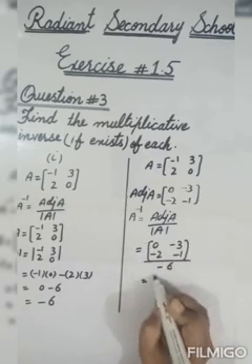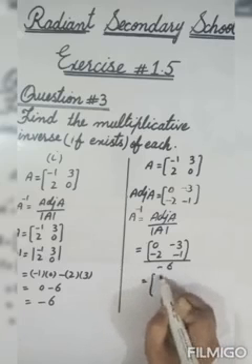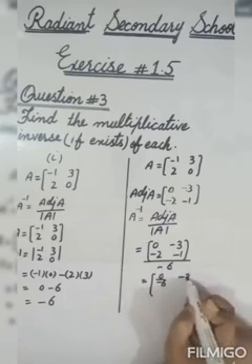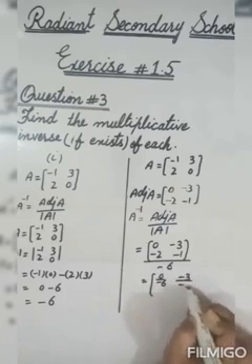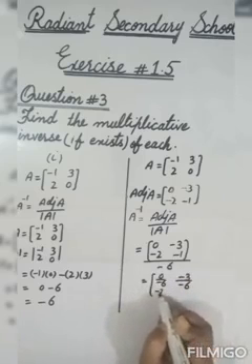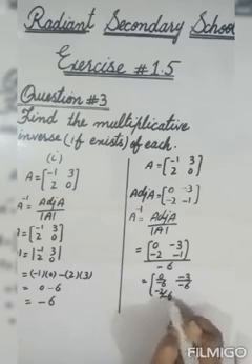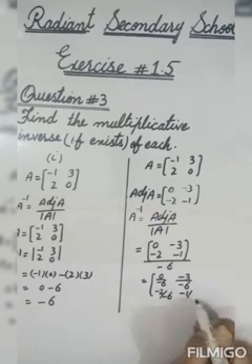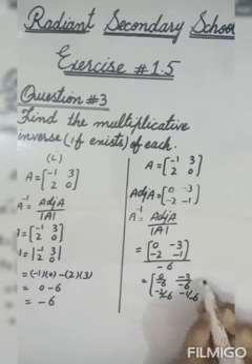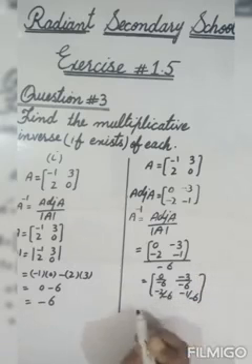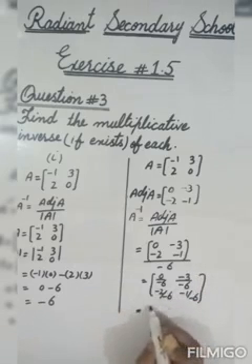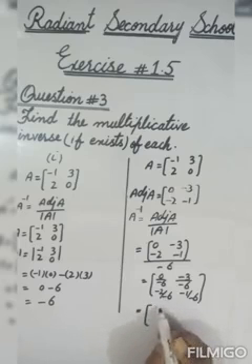Now simply we have to divide each entry by minus 6. 0 by minus 6, minus 3 by minus 6, minus 2 by minus 6, and minus 1 divided by minus 6. After simplifying, the answer is 0 divided by a number, you know very well, 0.